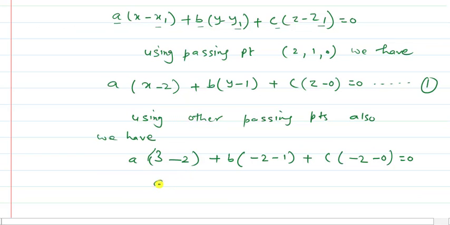Solving this, we are getting a - 3b = 0. Let us name this equation as equation number 2.